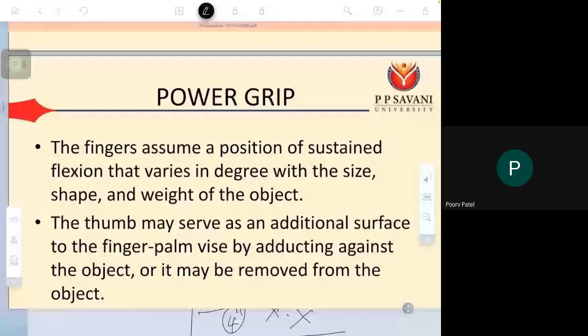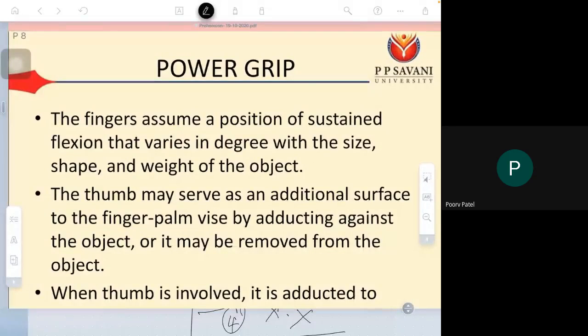Fingers assume a position of sustained flexion, that is static, that varies in degree with size, shape and weight of the object. It's very easy, no need to explain this point.